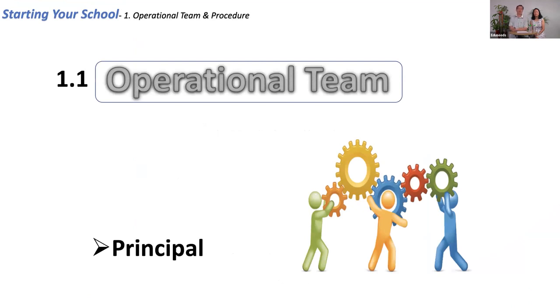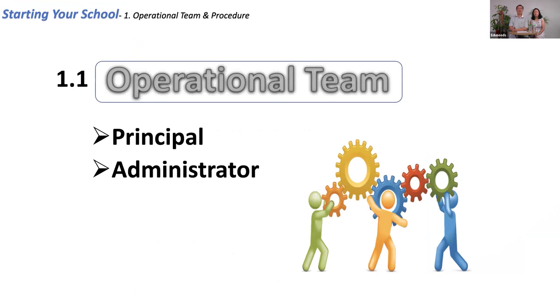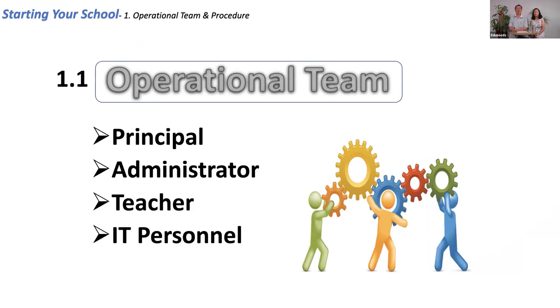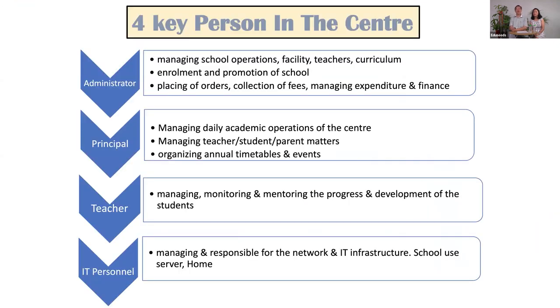4 key persons: the principal, administrator, teachers, and also the IT personnel are vital for these operations. The first one I listed is the administrator. The administrator is the main person managing the school operation. This person will also be in charge of the facility, teachers' affairs, parents' affairs, and curriculum.